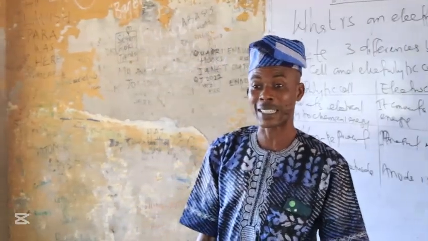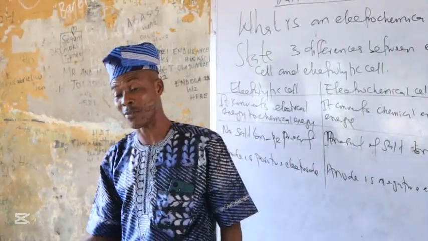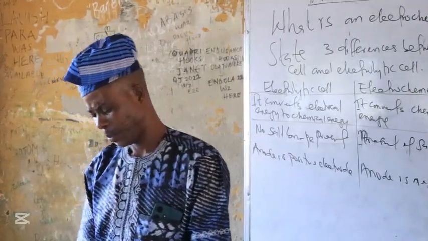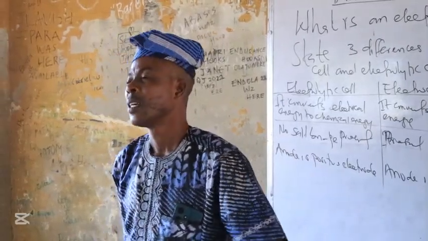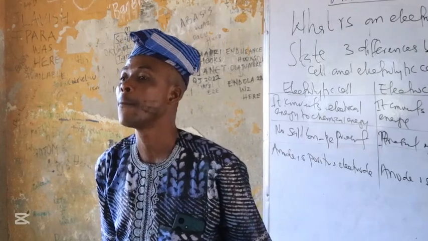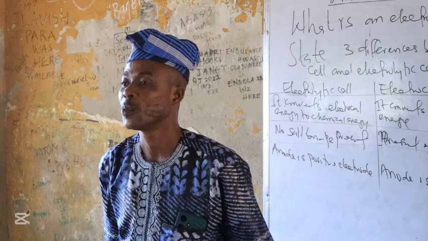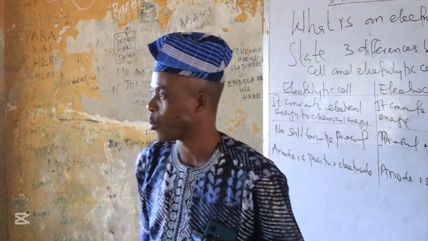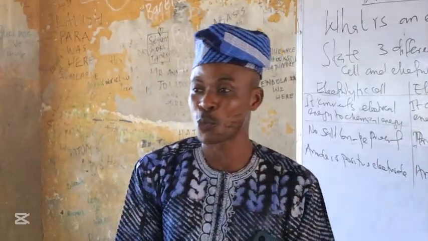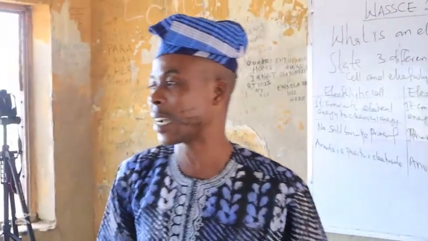Let us know what cracking is, then we can discuss the factors that favor cracking. Yes? Cracking is the breaking down of large hydrocarbon into smaller hydrocarbon. That is right. So the breaking of large hydrocarbon into small hydrocarbon is referred to as cracking.